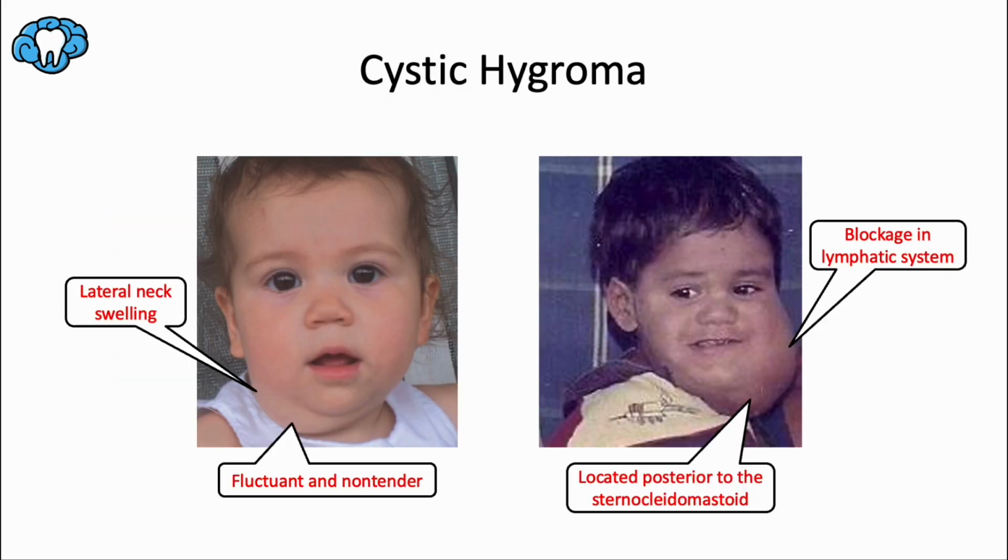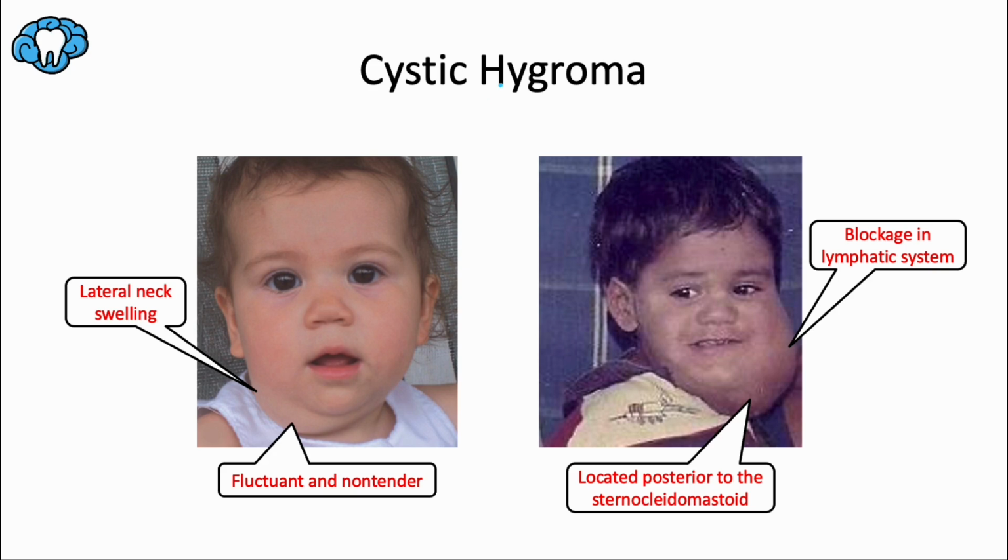And last is the cystic hygroma. Just like the branchial cleft cyst is a neck version of the oral lymphoepithelial cyst, the cystic hygroma is basically the neck version of the oral lymphangioma. In fact, cystic hygromas are the most common subtype of lymphangiomas, appearing at birth or in early infancy.